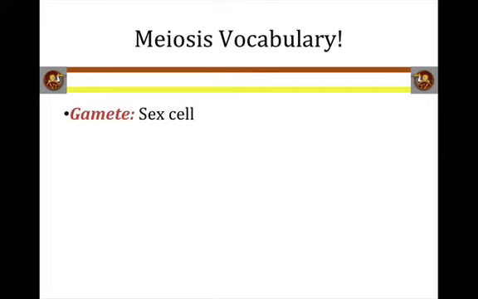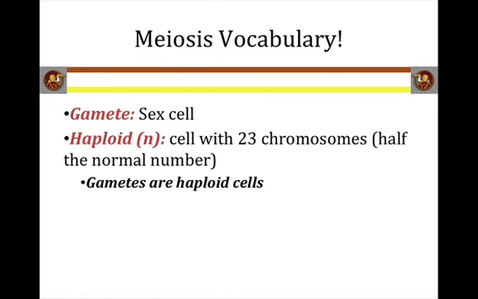So, getting into meiosis, we have some new vocabulary. First of all is the word gamete, which means sex cell. Second, we have the word haploid. Often with haploid, it will come with this small n in parentheses. A haploid is a cell with 23 chromosomes, which is half the normal number that humans usually have. All gametes are haploid cells.